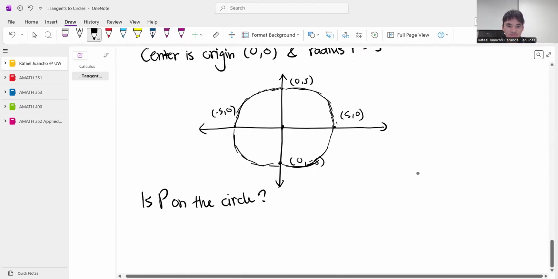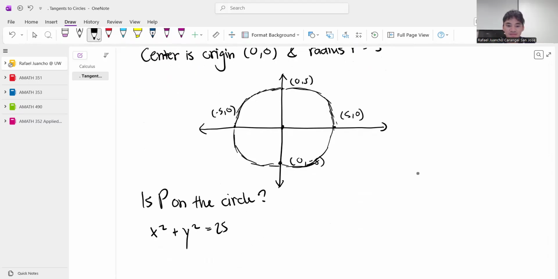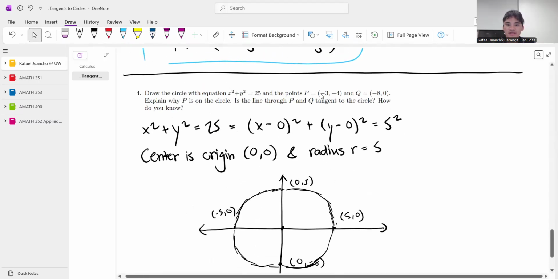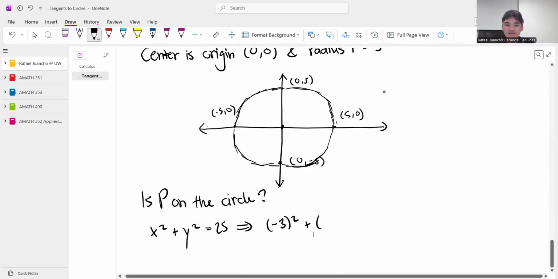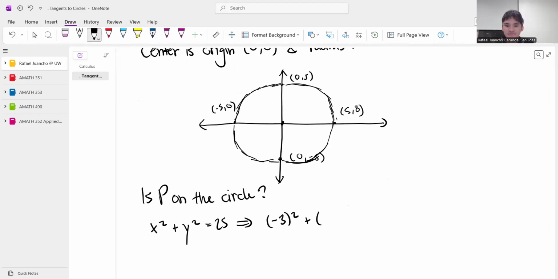So again, x squared plus y squared is 25. We just plug it in. If I look at my P, I'm plugging in x as -3 and my y as -4. Is this 25? We'll find out.